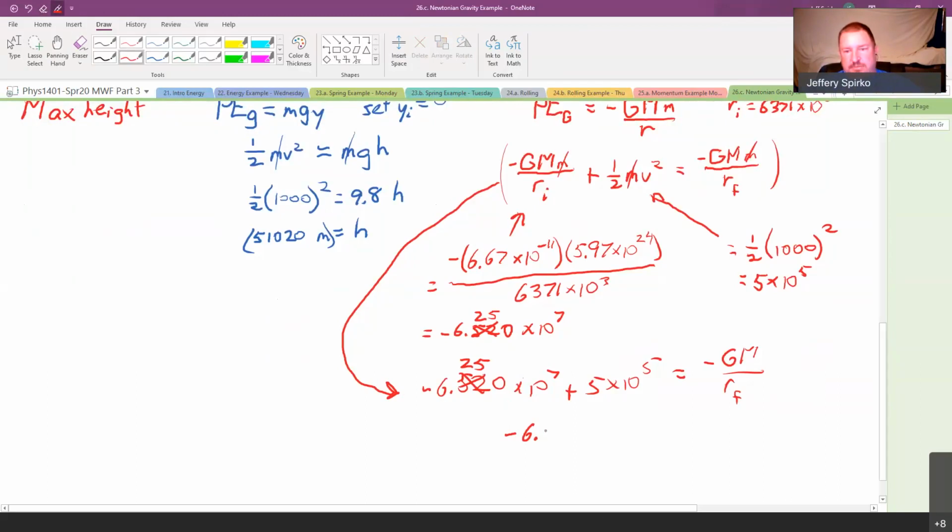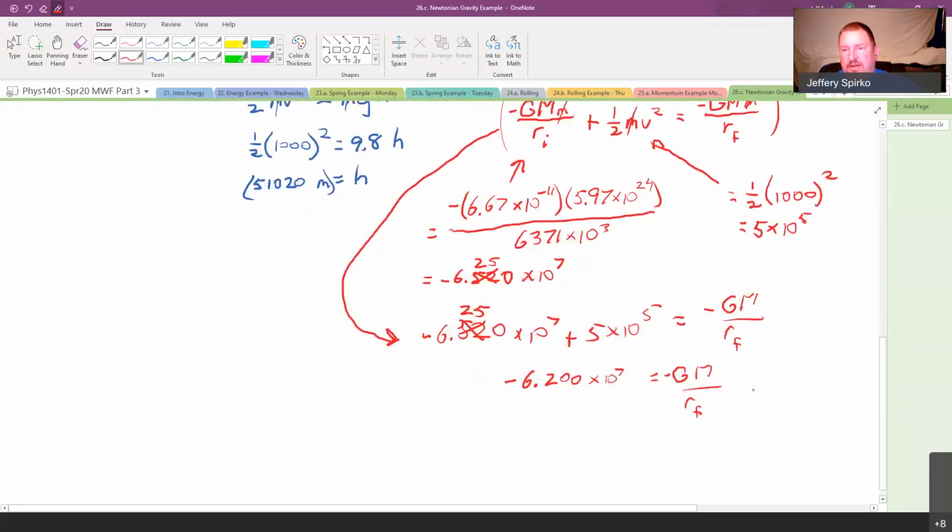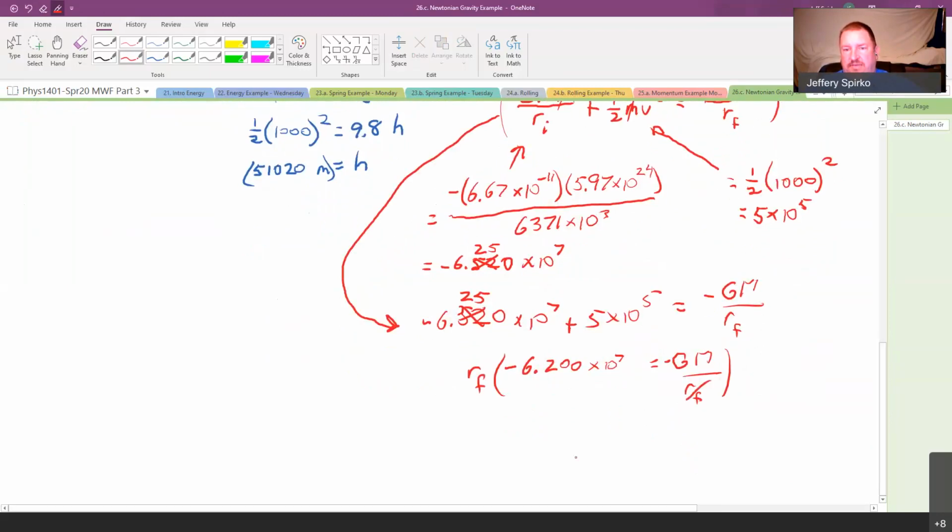So then this becomes 6.200 times 10 to the 7th is minus G capital M over R final. So then we multiply both sides by R final, which cancels it out over here. And then we find out that R final is, the minus signs also cancel. So we get 6.67 times 10 to the minus 11th times 5.97 times 10 to the 24th.